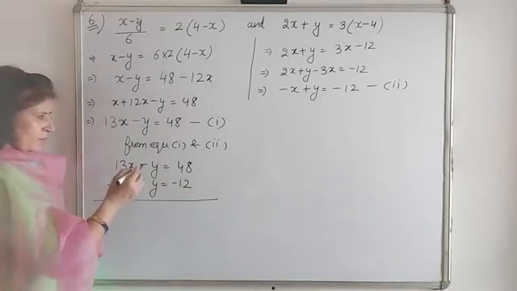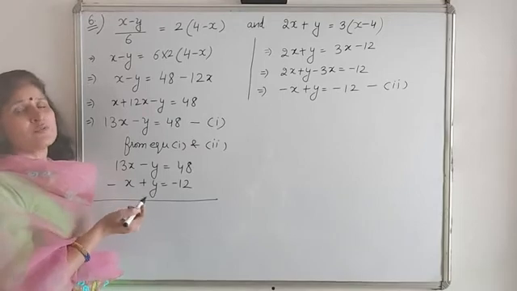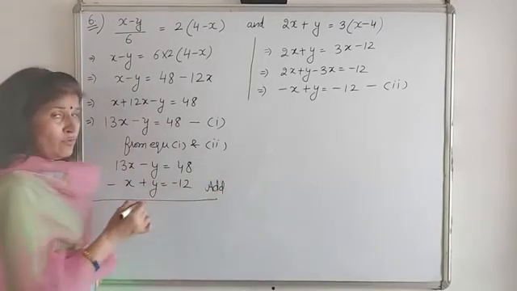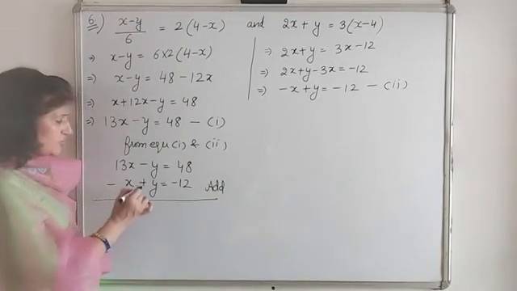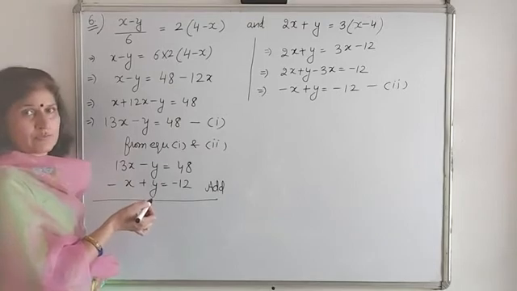Again, both the terms are having opposite sign, so we will add them. If they have the same sign, that time we have to subtract, and we have to change whatever terms are there, their sign also, you have to change.